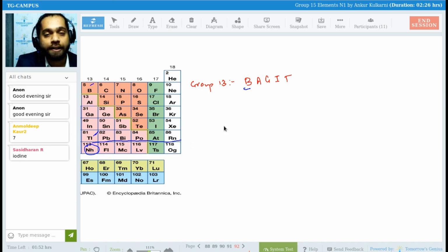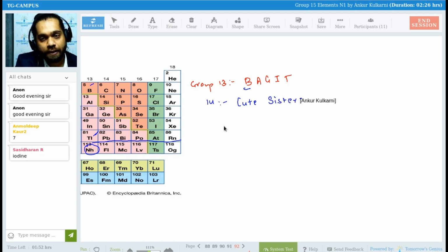Then group 14. Group 14 starts from carbon. So I'll write C stands for, let us say, cute. Cute sisters get tiny problems.